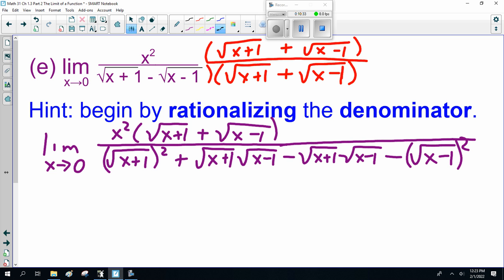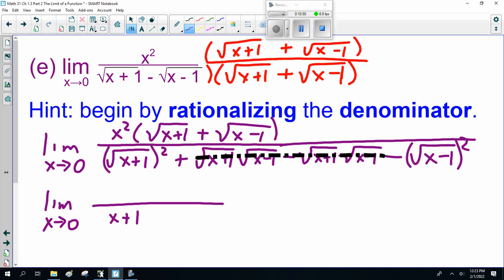Wow, way too much writing. Which is why, at this point, I'm perfectly happy for you to go, oh yeah, those will cancel out. I don't have to write that out. I'm going to have x squared of x plus 1 squared. That's going to be x plus 1. And that's going to be minus x minus 1. Let me see.